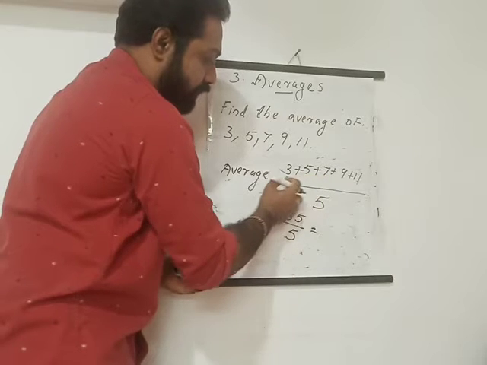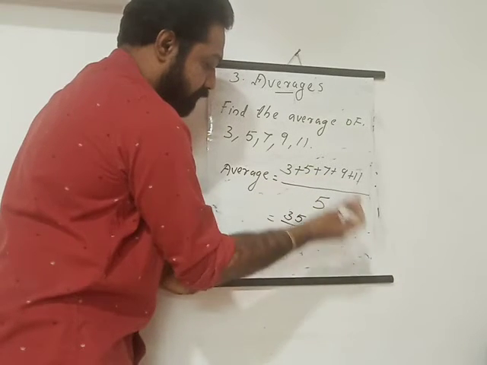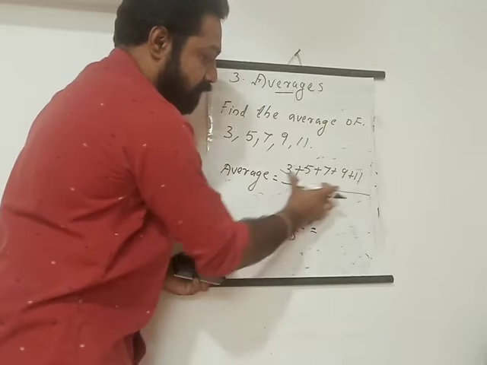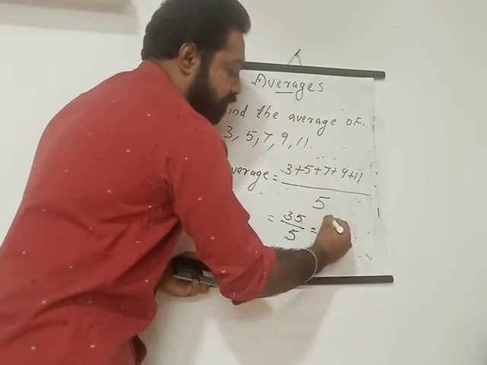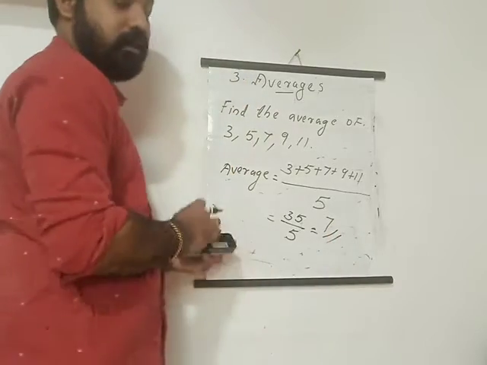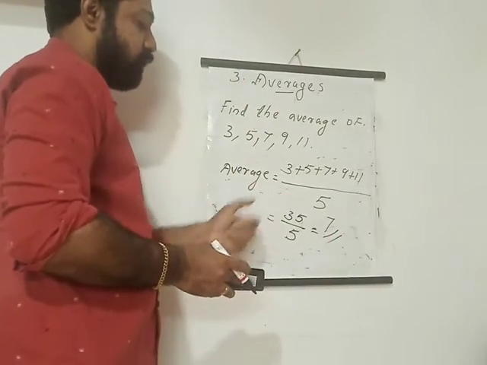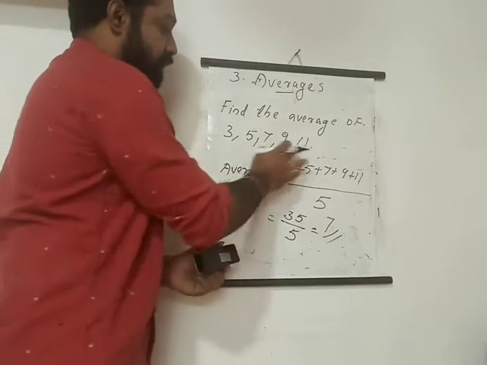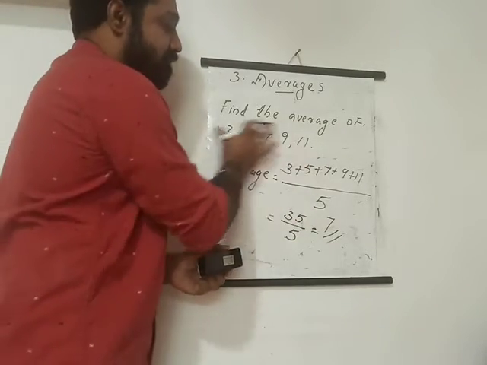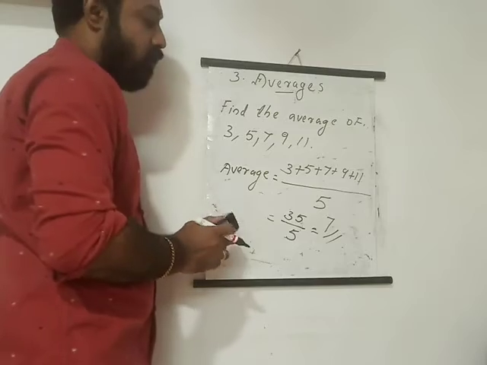Then 35 divided by 5 is 7. So this is the answer. This is the average of these 5 numbers.